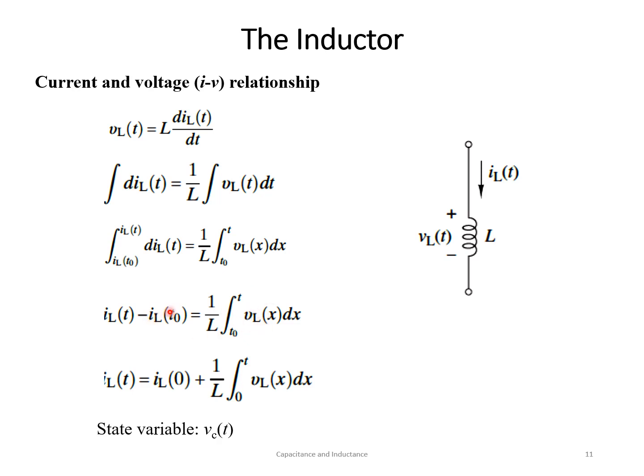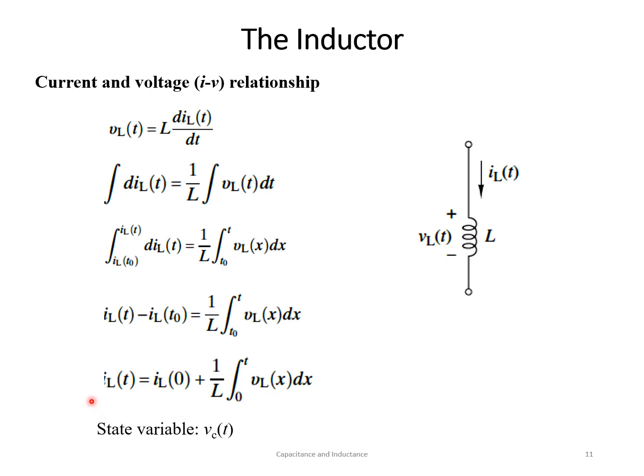And this term, if we move it to the right hand side, it will be iL(t0), the initial stored energy at time t equal to t0. And this is the expression of iL: iL(t) is iL(t0), the initial value in the inductor, plus 1 over L integral of vL.